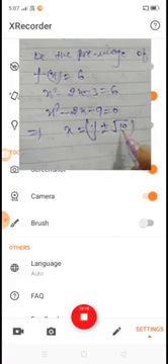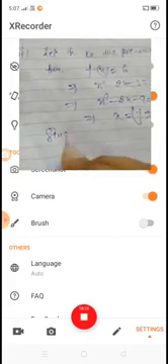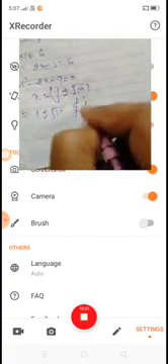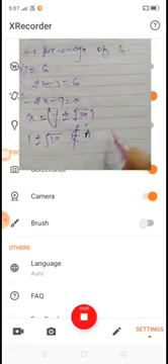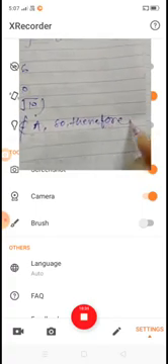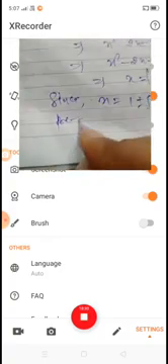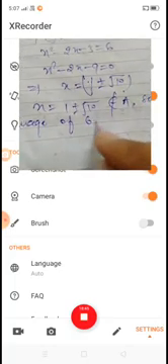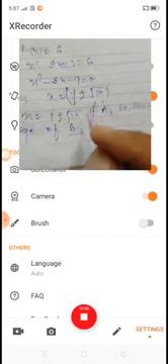Since x is equal to 1 plus minus root 10 does not belong to A, there is no pre-image of 6.